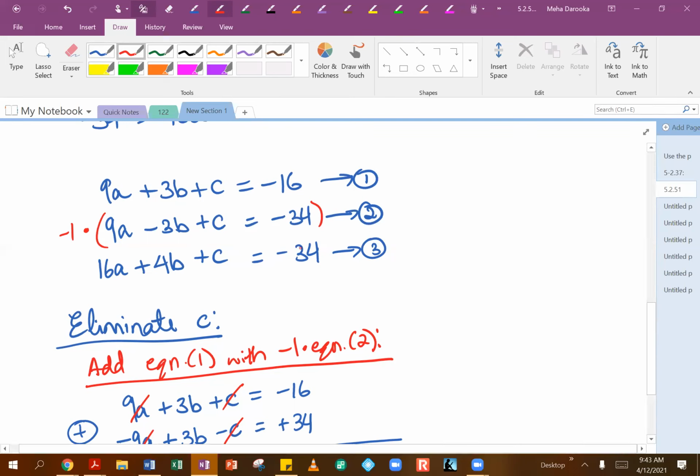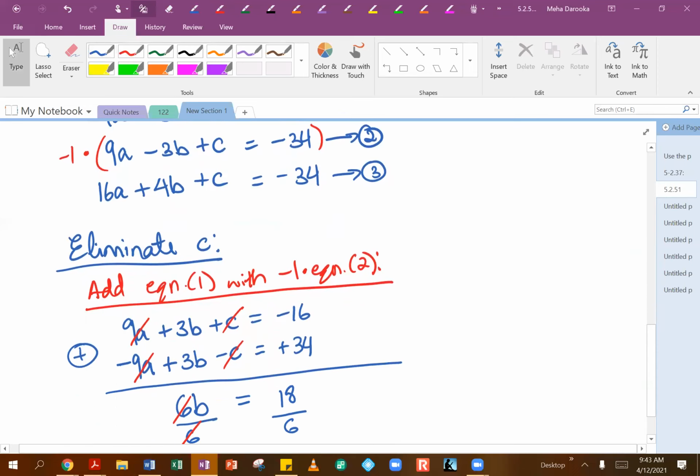Since we have -34 and -34 in both equations 2 and 3, I think we'll go ahead and add equations 2 and 3, and we'll keep the same thing. We'll still multiply our equation 2 with -1 so that we can get those opposite signs on our C variable.